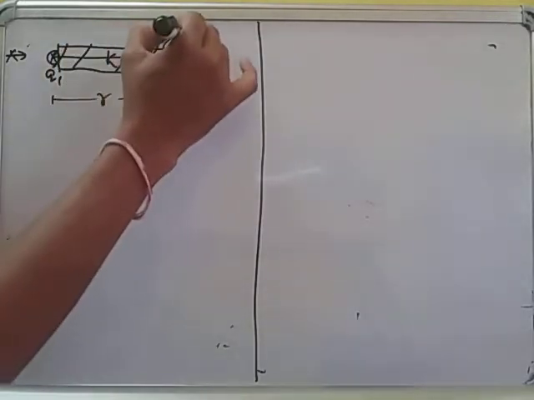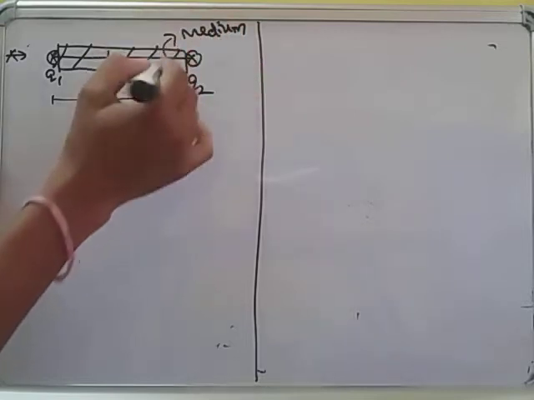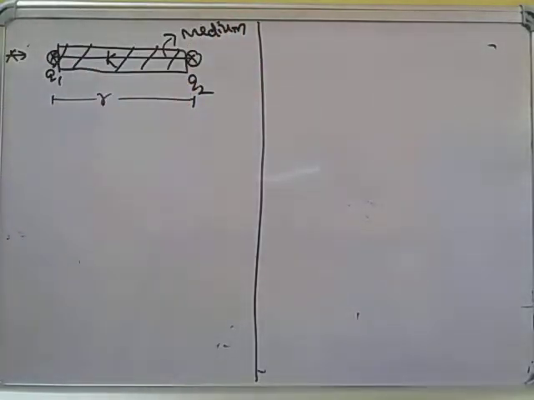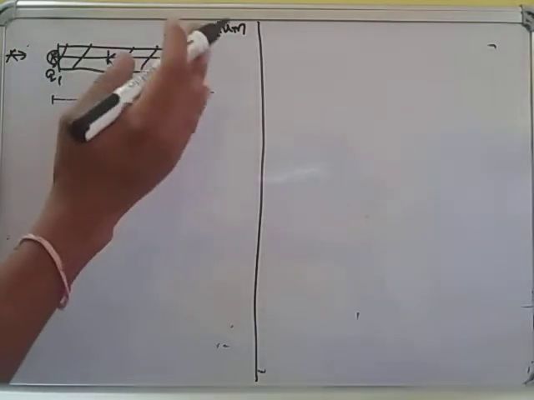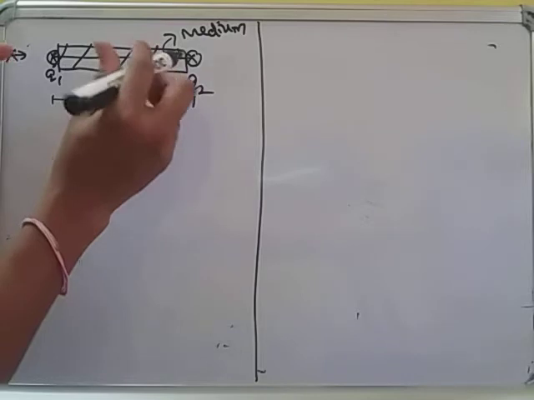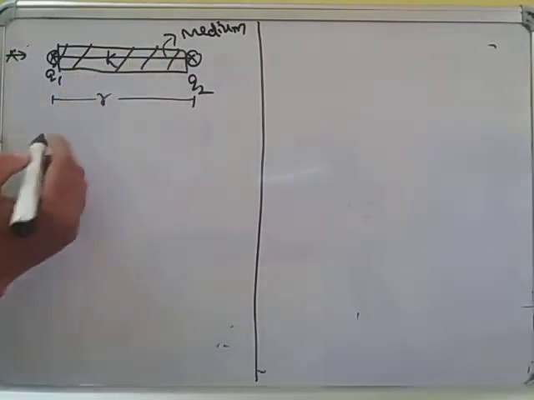This medium we can take as glass or water, any dielectric medium. Dielectric means non-conducting substance. We are placing the two charges in a dielectric medium, in glass or in water.